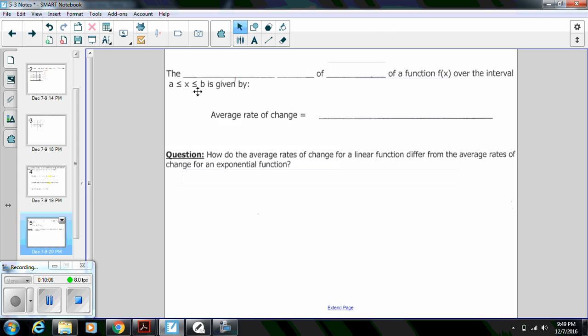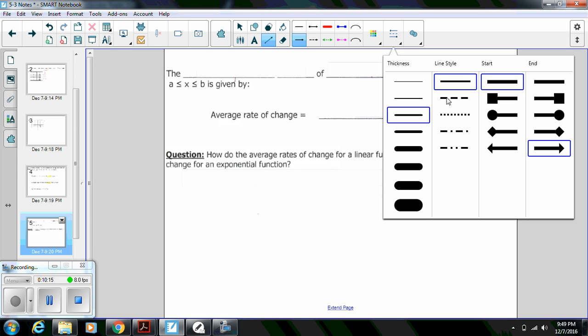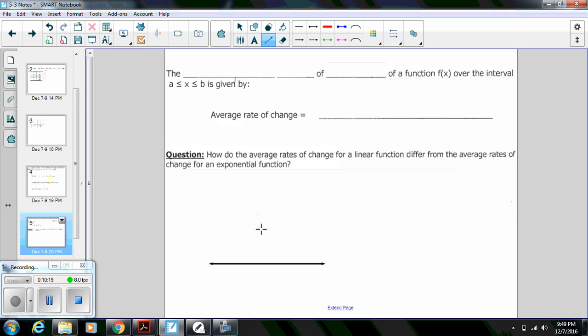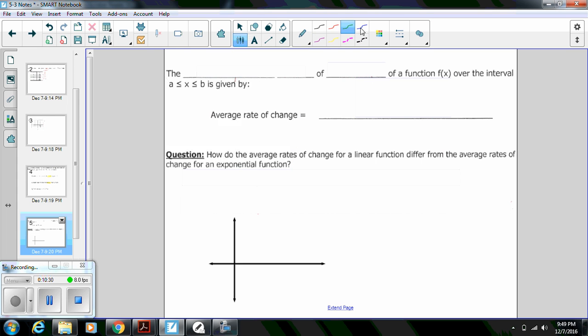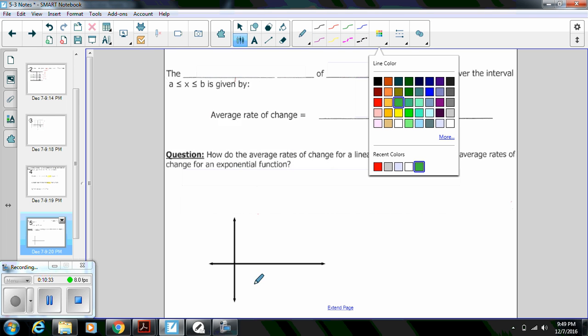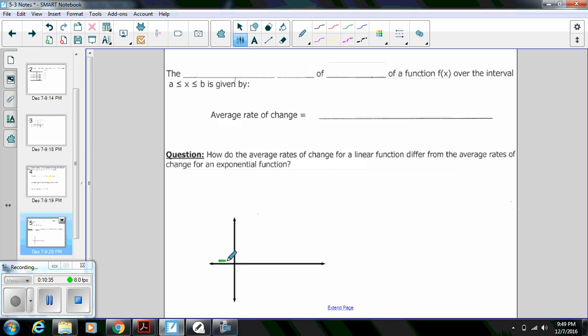Because if we think about it, we have to remember that the graph of an exponential function looks something like this. We have the x and y axis. Let me find a different color here. Let's do green. It starts here and we get this nice curve.